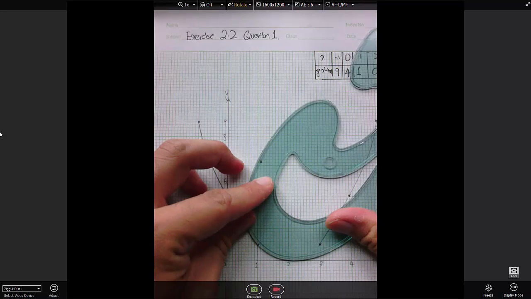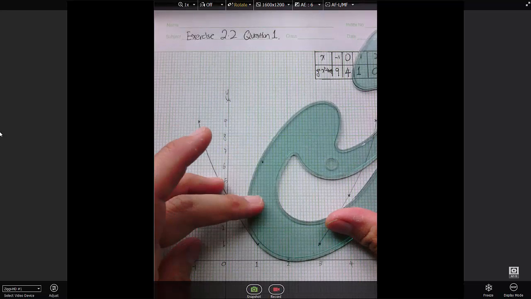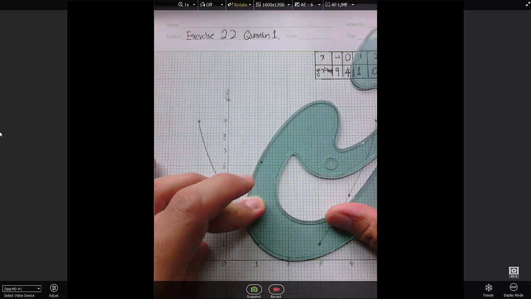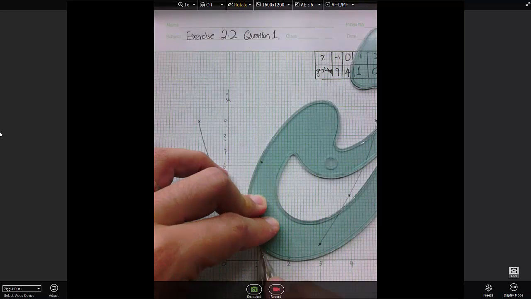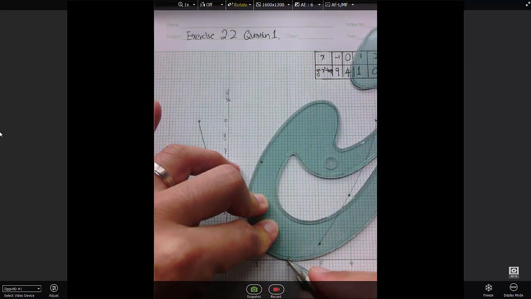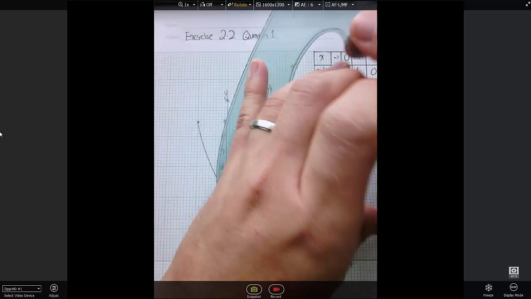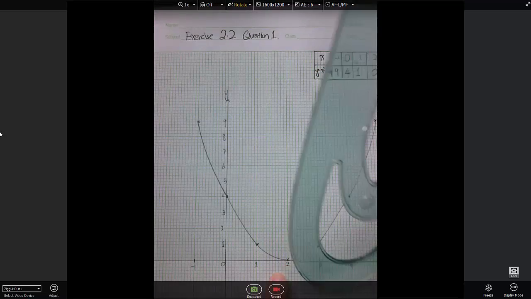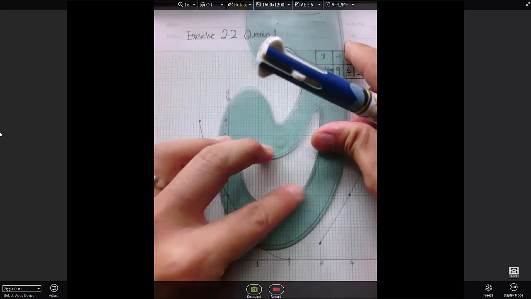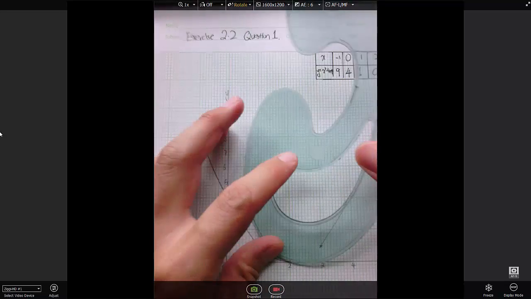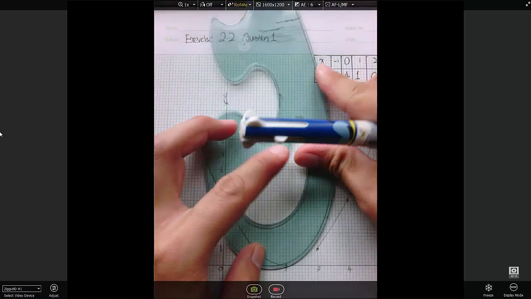So what I can do here is use the French curve and fit it in here like this. Last part also down there. Over here I use the French curve. A bit difficult for me.